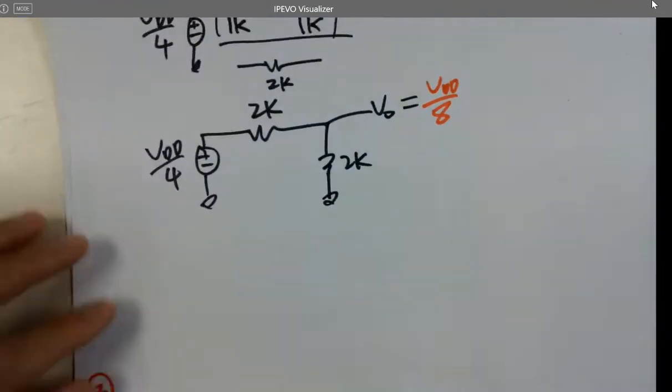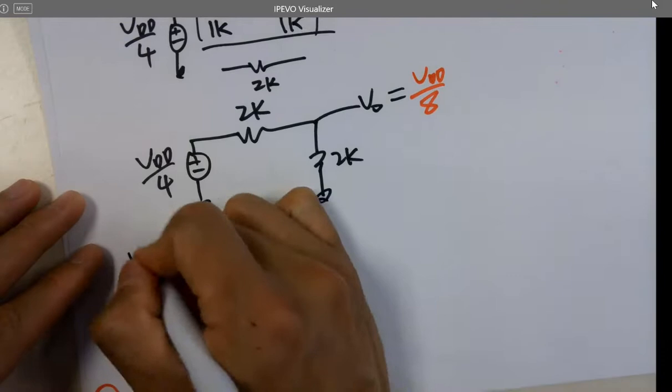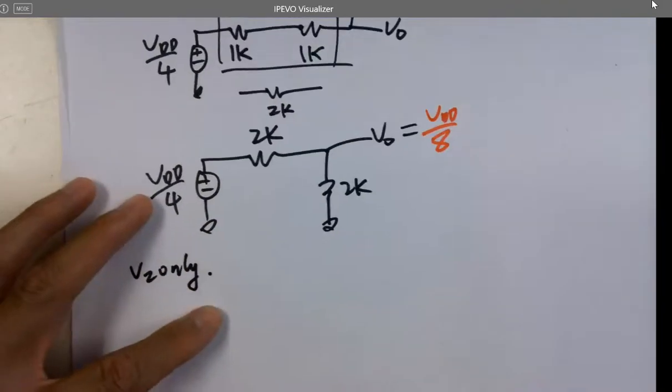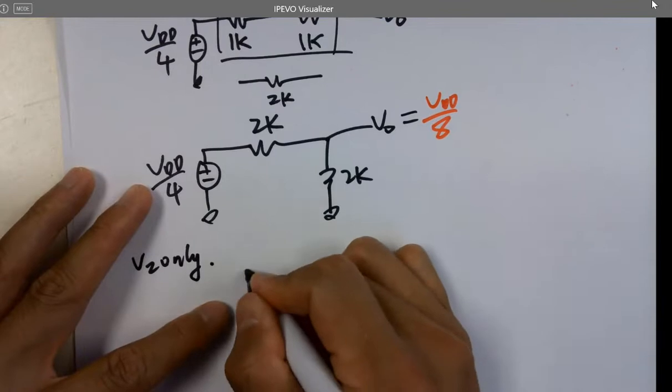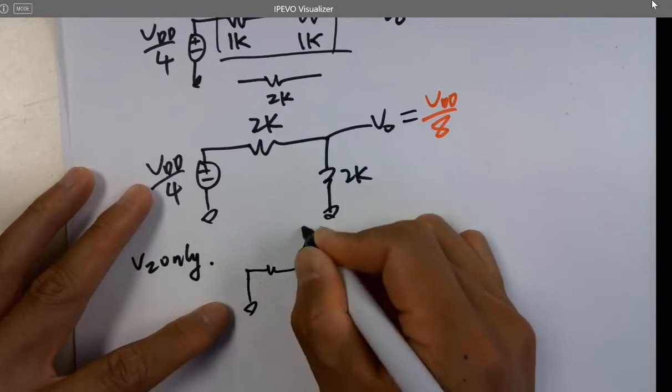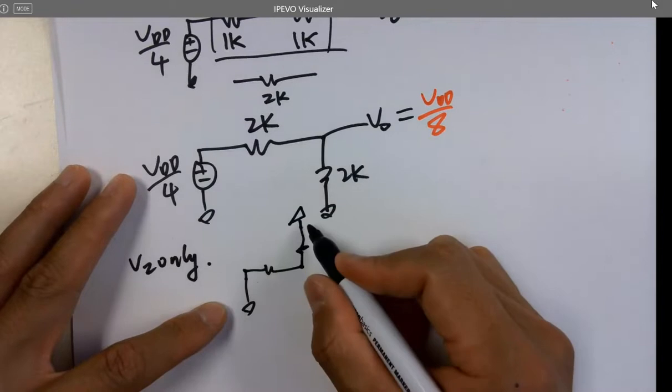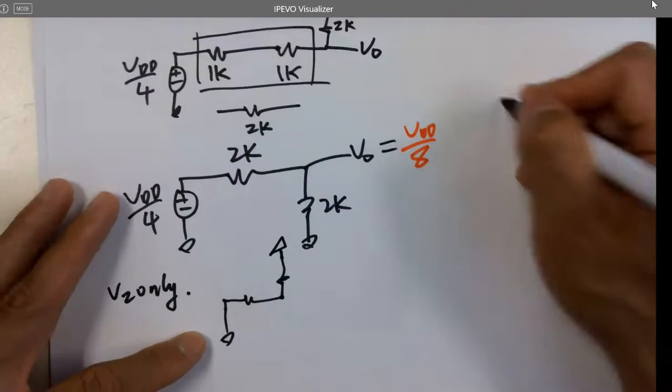So what about D2 only? Then the circuit looks like this. Because D2 only, D0 has to be shorted to 0, so the input is 0, 1, 0, right?